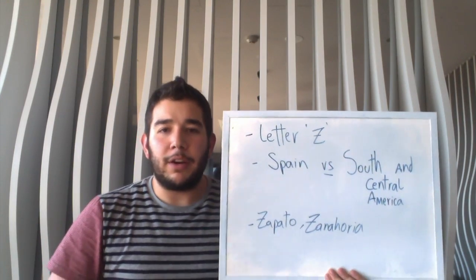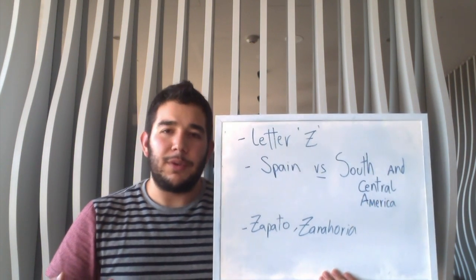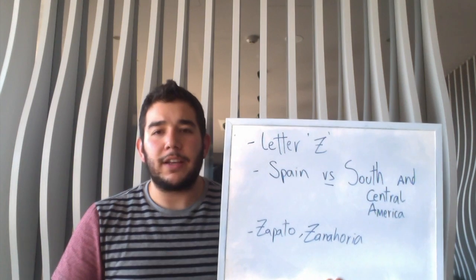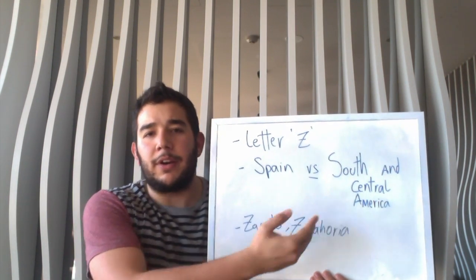Alright everyone, we're getting really close to the end. So the last one will be the letter Z. The reason I'm putting letter Z in is because it has a different pronunciation between Spain and South and Central America.